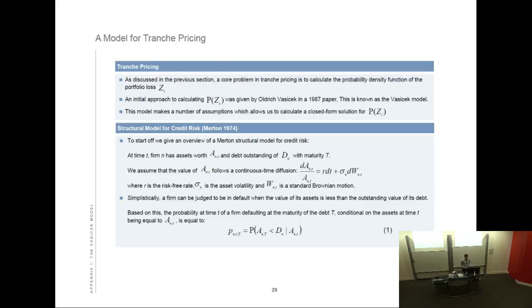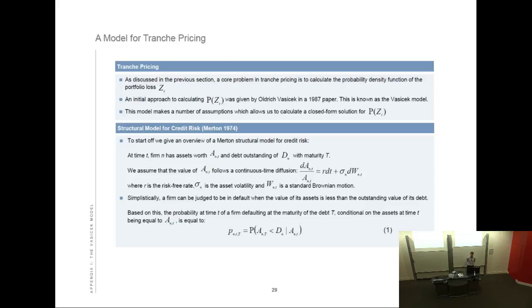Okay, the most simple approach that still leads to a closed form solution that I'm familiar with is the so-called Vasicek model, which relies, in the first instance, on a simple argument about credit risk that goes back to Merton.